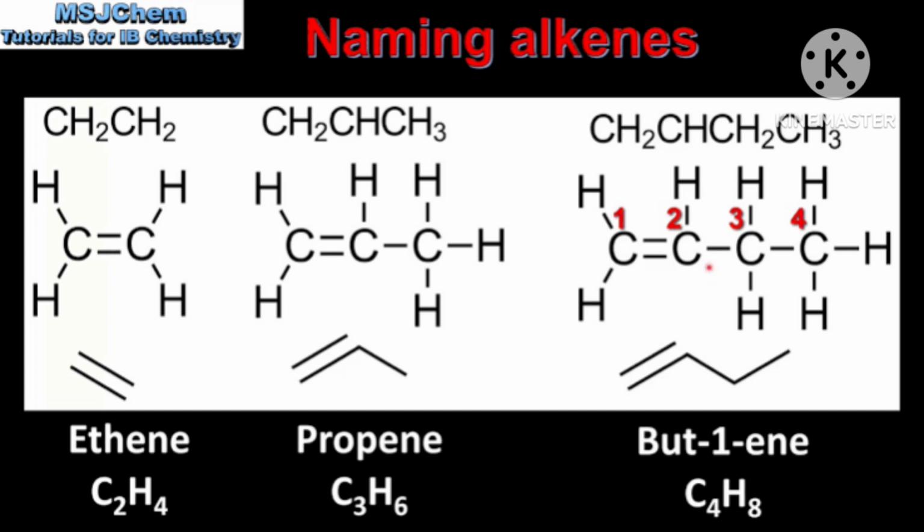You should start from the end. First the end only, that is 1. That you count. First, after that 3rd, then 5 and 7. Double bond is there. Hence you will write 1,3,5,7. Octa means 8. Octatetraene.